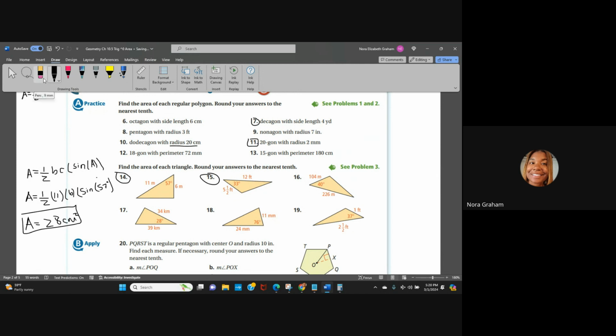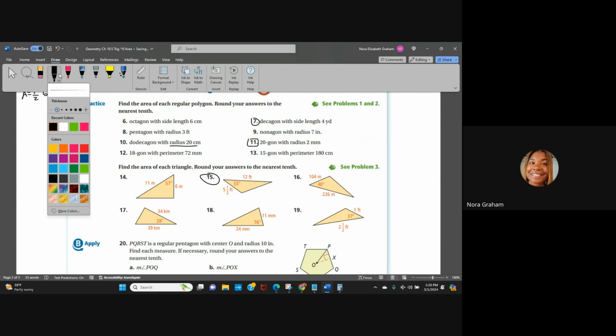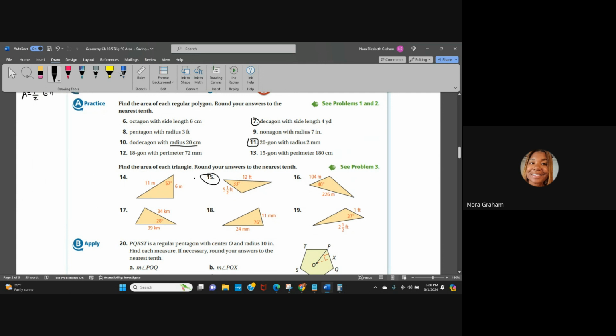That's not that bad. For 15, I'll just set it up, it's going to be the same. The only thing is that you're dealing with mixed numbers. Remember, with mixed numbers, you can write them as improper fractions. Improper fractions are fractions where the top number is bigger than the bottom number. So let's go ahead and do that. Again, I'm using the same formula. A equals 1/2. My side 12.